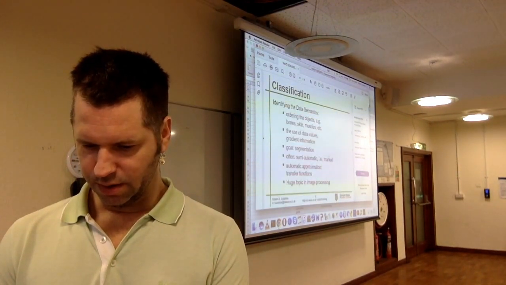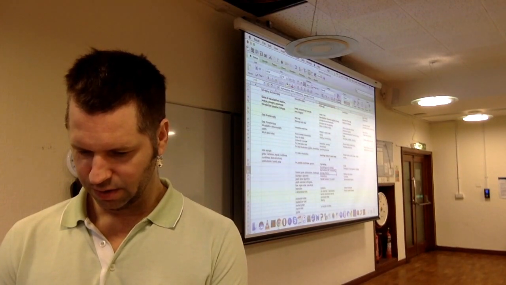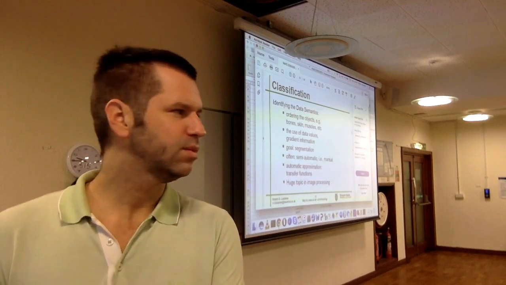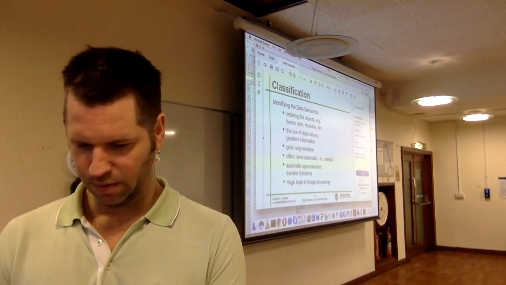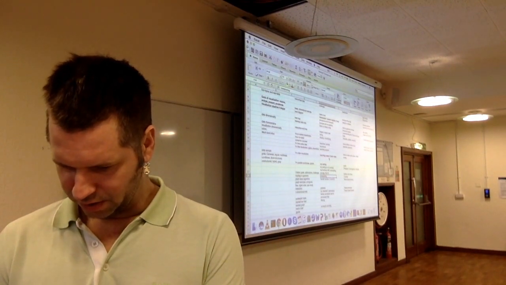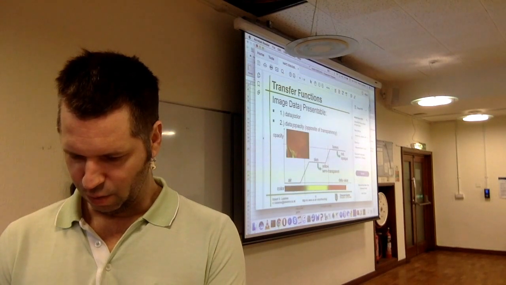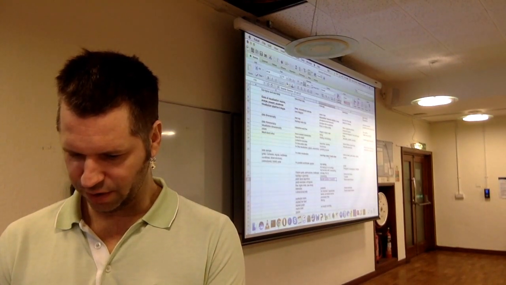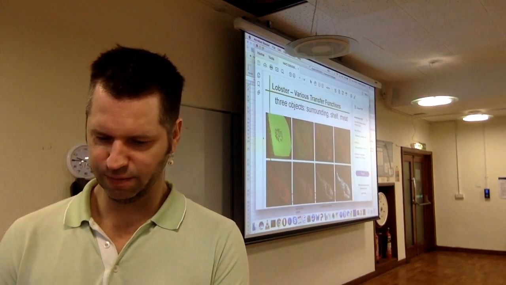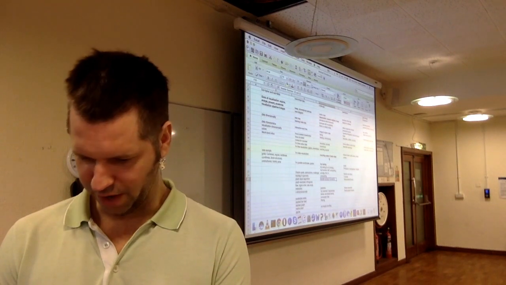And we mentioned this term classification. That's not going to be on the test though, actually. Transfer functions, and compositing. 1D versus 2D transfer functions. This is a so-called 1D transfer function. We talked about gradients.